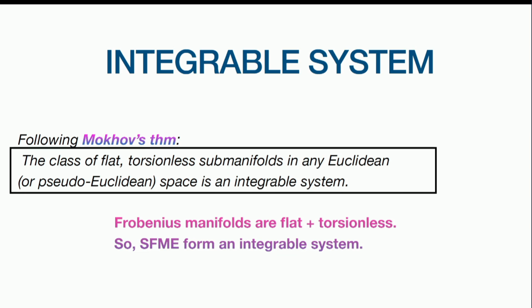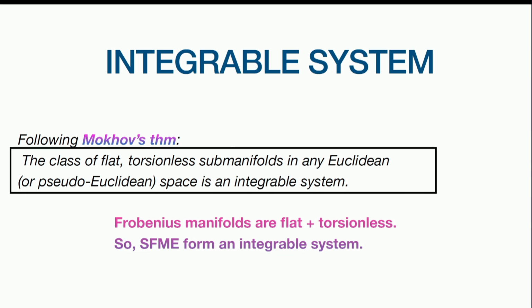Okay, so let's attack the first step of the proof. We prove that we have an integrable system. There are different ways of proving it. I think the most efficient and direct one is applying this theorem by Mokhov: the class of flat torsionless submanifolds in any Euclidean or pseudo-Euclidean space is an integrable system.